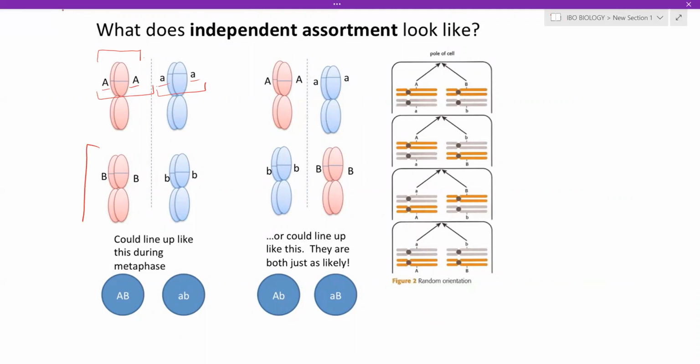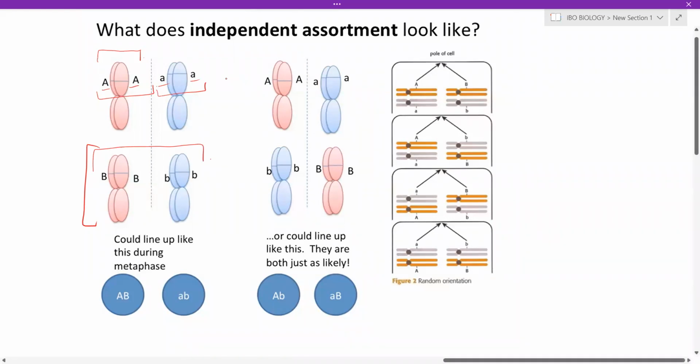Let's look at a different chromosome now. This is a different chromosome with its own homologous pair. Now look at the second pair of homologous chromosomes. This is a different gene, not on the same chromosome, a different set of chromosomes with a different gene.